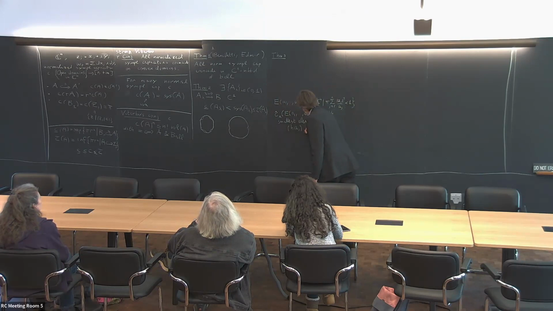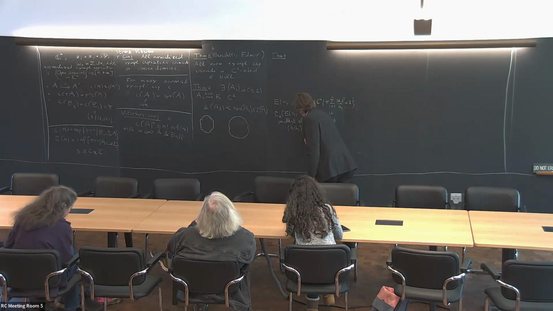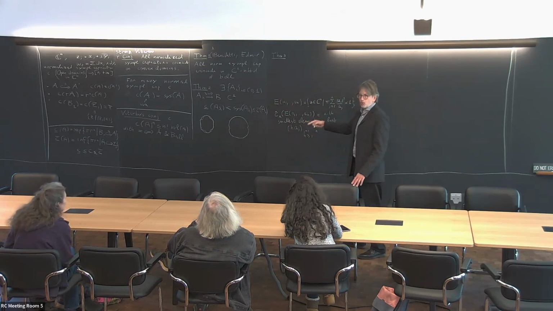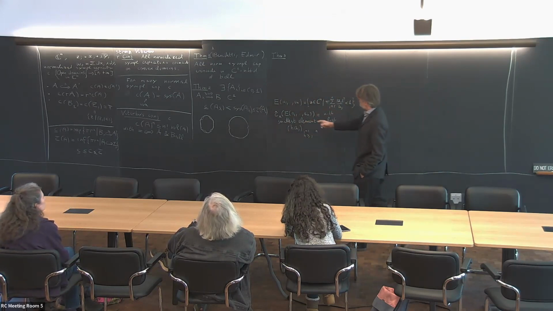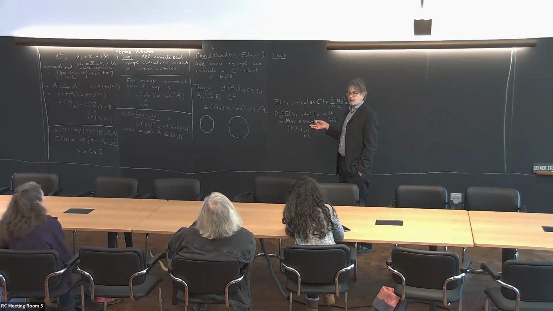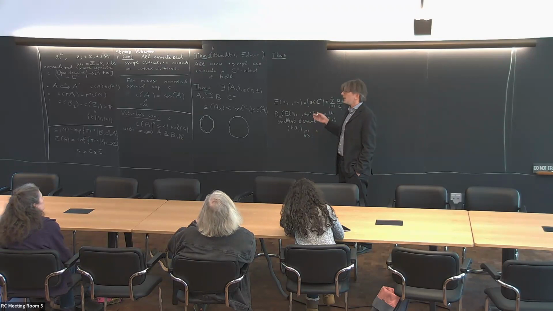So j goes from 1 to n, and h is a natural number greater than or equal to 1. You allow repetitions and you count the kth element. This is c-hat_k of this ellipsoid. Both the kth Ekeland-Hofer capacity and the kth Gutt-Hutchings capacity have this value on ellipsoids.